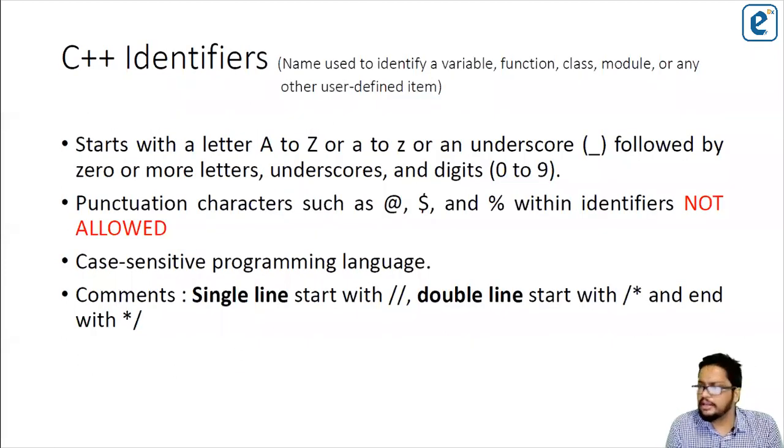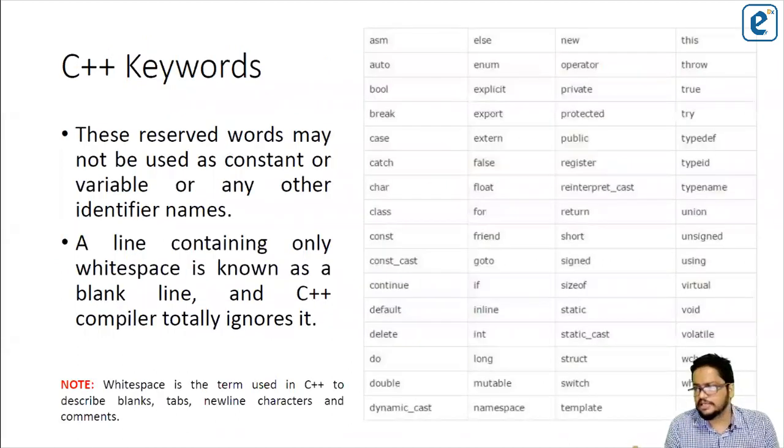If you take a code in C++, and other programming languages as well, the words inside the code are of two kinds: identifiers and keywords. Keywords are like commands, and they are standard.